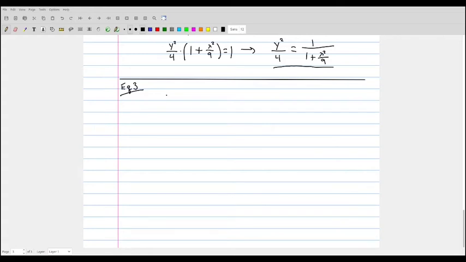Remember, equation 3 is x squared over 9 plus y squared over 4 is equal to 1. And we've solved for x squared over 9 and y squared over 4. They're the same thing. X squared over 9 is 1 over 1 plus lambda squared over 9. And y squared over 4 is also 1 over 1 plus lambda squared over 9.